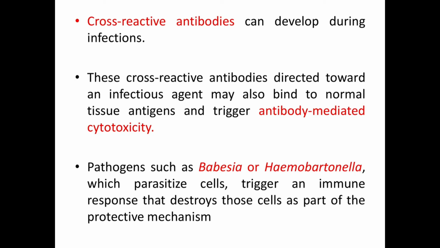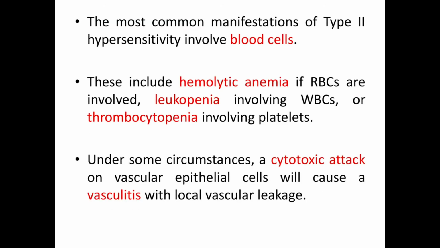These cross-reactive antibodies directed towards an infectious agent may also bind to normal tissue antigens and trigger antibody-mediated cytotoxicity. Pathogens such as Babesia or Haemobartonella, which parasitize cells, trigger an immune response that destroys those cells as part of a protective mechanism. The most common manifestations of type 2 hypersensitivity involve blood cells.